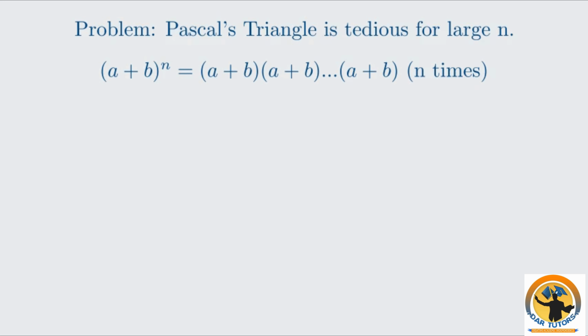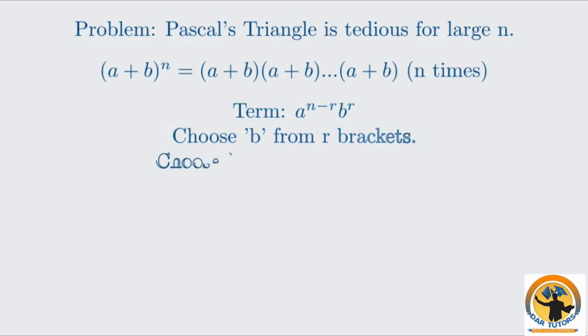To get the term a^(n-r) times b^r, we must choose b from r brackets and a from the other n minus r brackets.